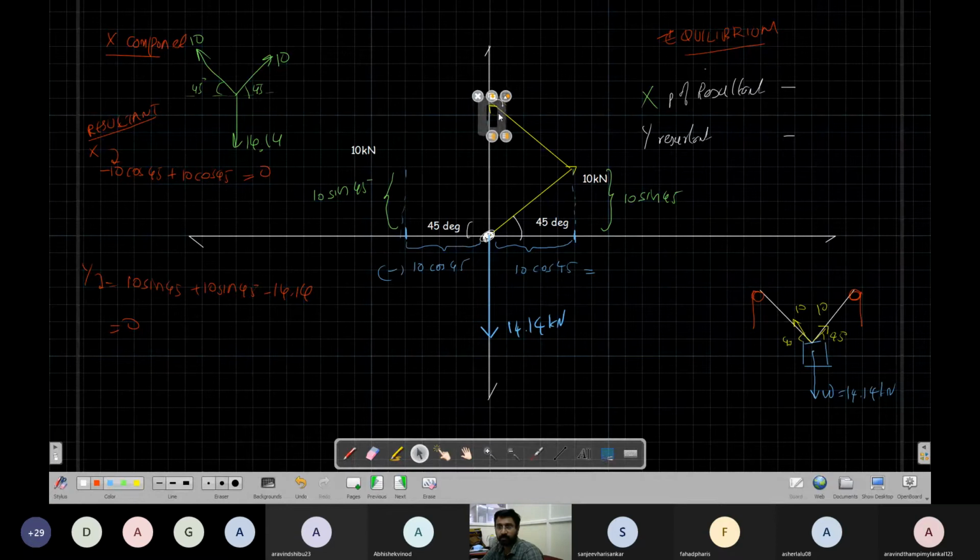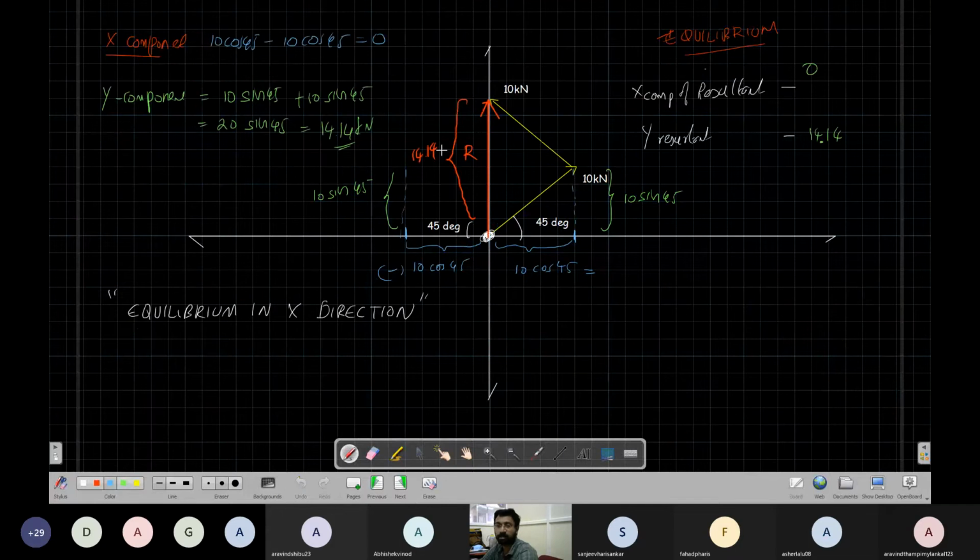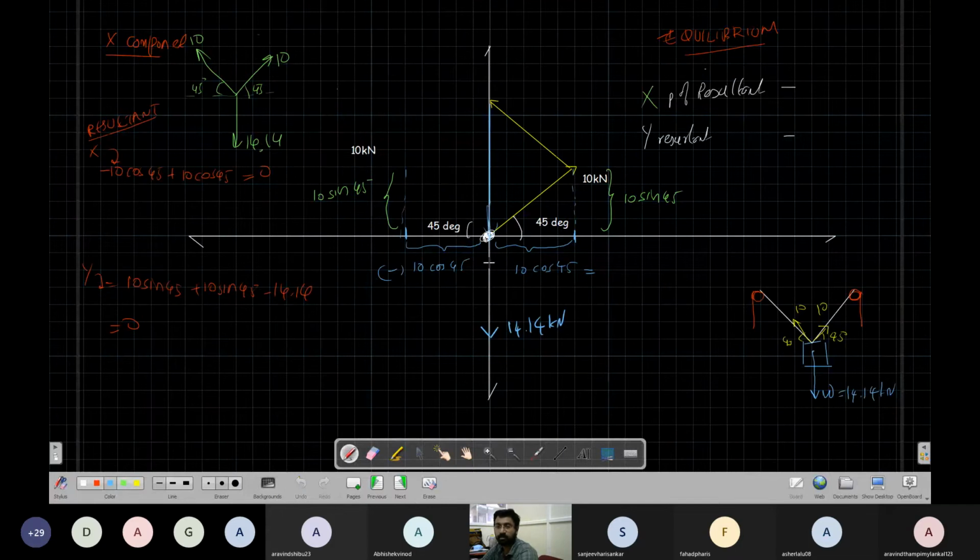And again, the next one will be there. So it may not match, so the magnitude should be like this. This distance was 14.14, which we saw earlier. So this is 14.14, which I have marked.